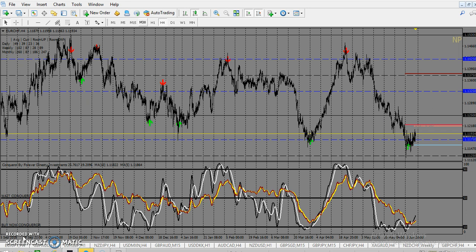Common mistakes that traders make, and I'm just going to remind you of the outlines or the fundamentals of our program. The most common mistake is that when the Conqueror is here, or when the price is here, people will take up positions at this level, or rather at this level.